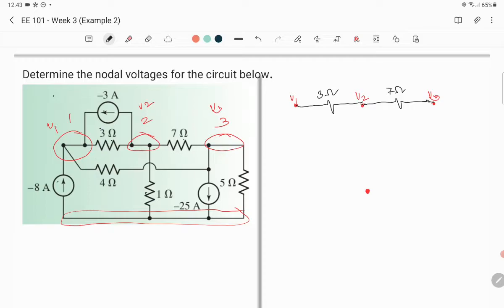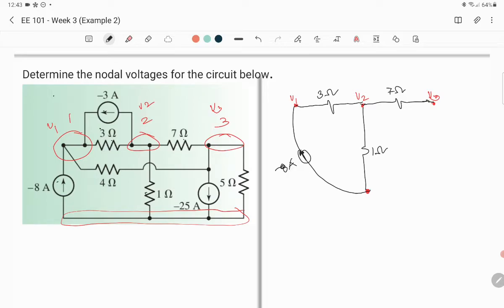Between V2 and your reference ground, you have your 1 ohm resistor. Then you also have your current source between V1 and your reference node. You have here your negative 8 amperes, right?